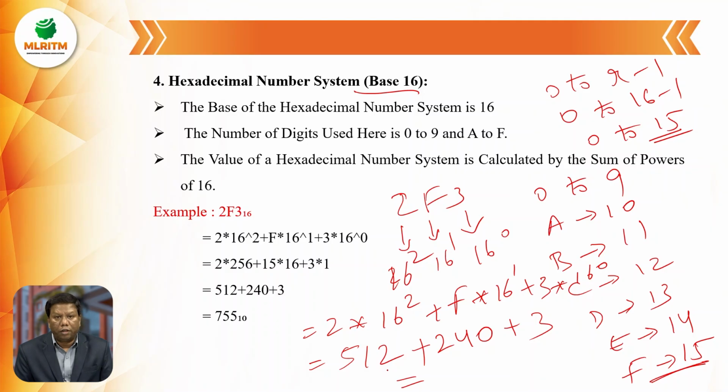By adding 512 plus 240 plus 3 we'll get 755.